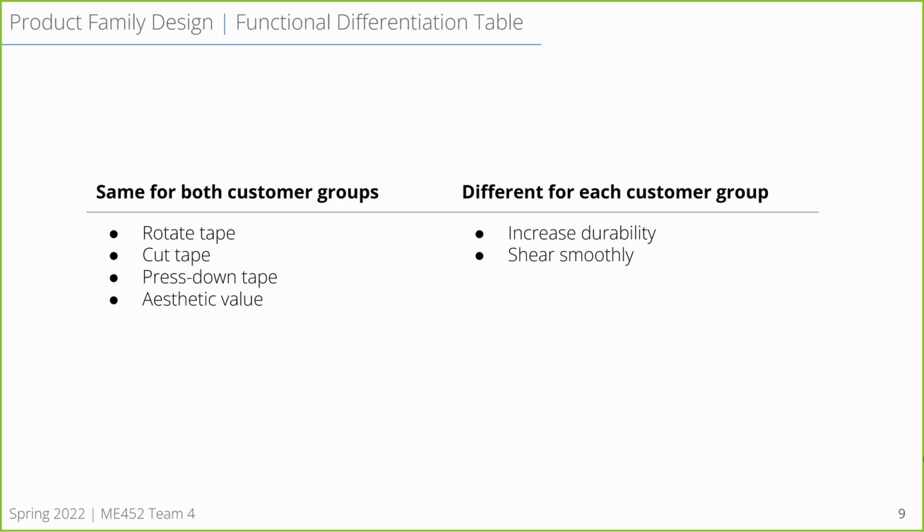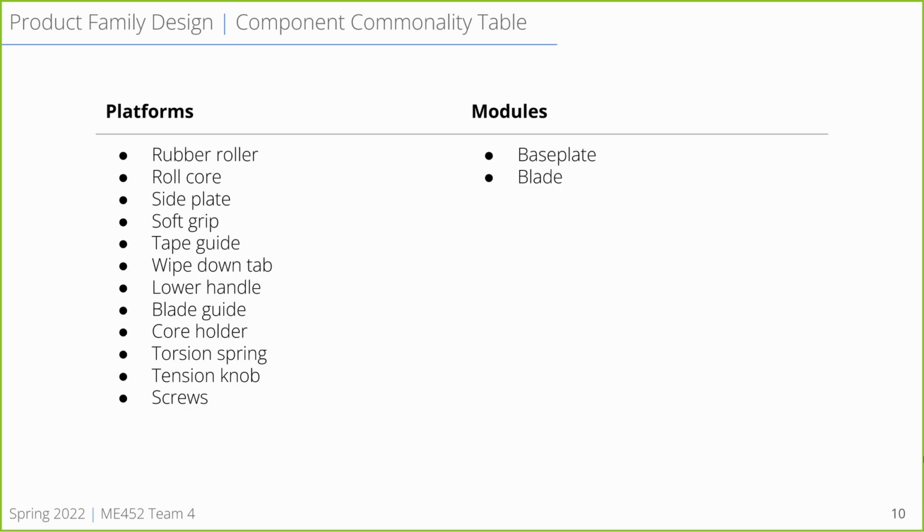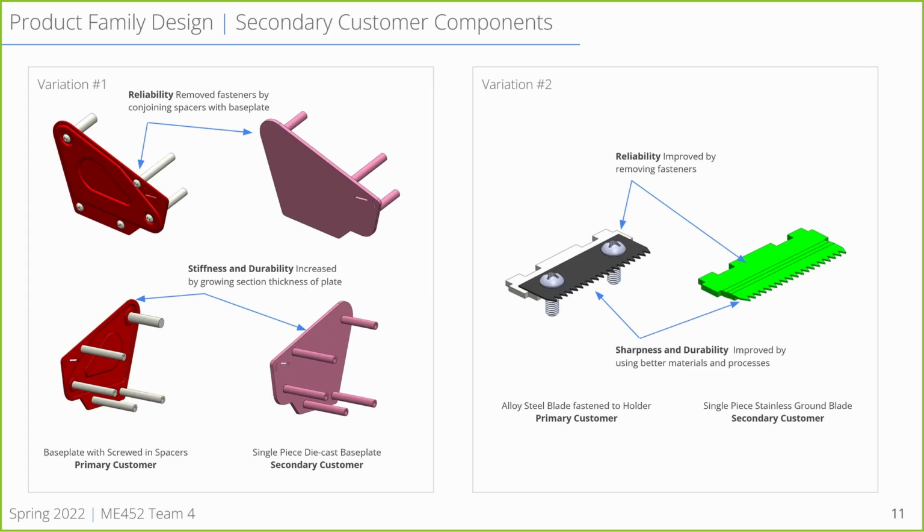That being said, the only parts that will differ between the product variants are the base plate and the cutting blade. All of the rest of the components will remain common between the two product variants as we have listed. To achieve greater stiffness and durability with the base plate for our secondary customer, we switched the manufacturing method from an assembly with sheet metal and spacers that are screwed together to a single piece die cast component.